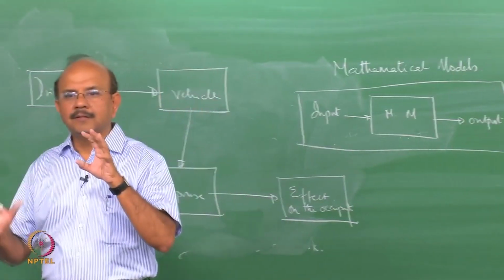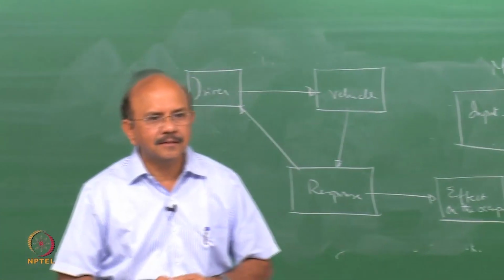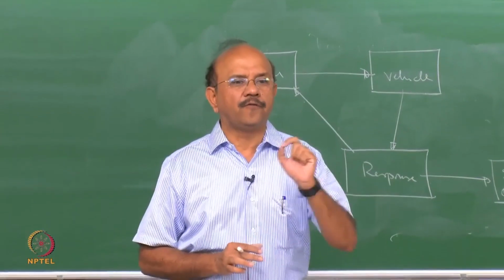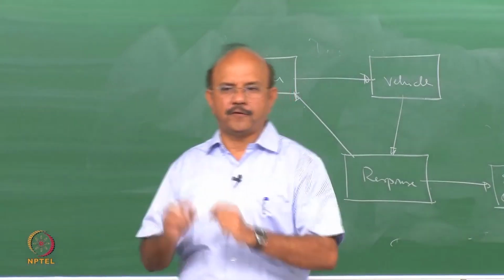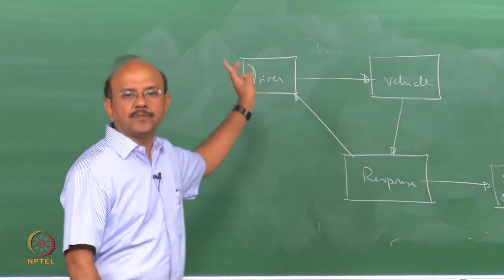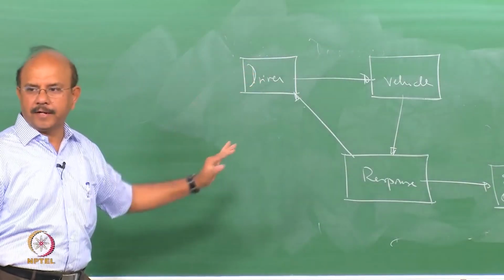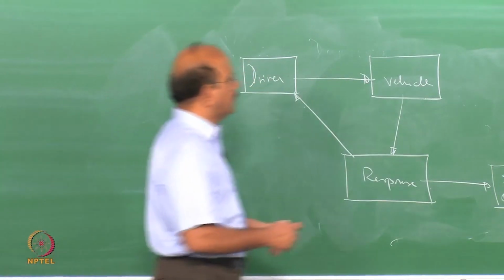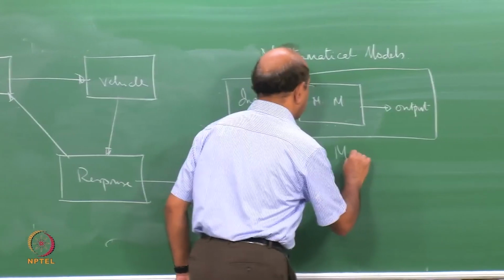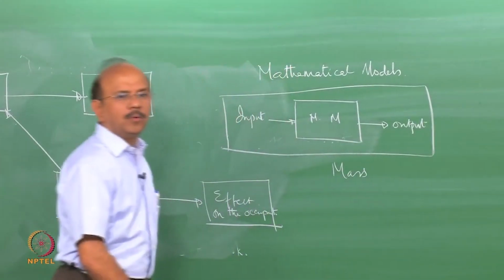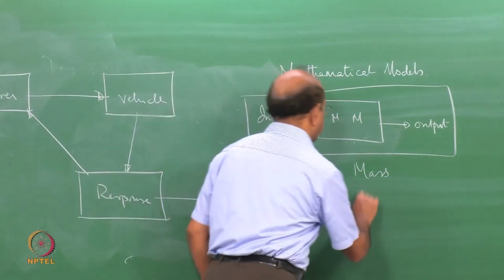That being the basis, the language of defining the vehicle is going to be different. It is not in terms of the subsystems which we had defined. It will be in terms of the mass of the vehicle. We will talk in terms of the moment of inertia of the vehicle.